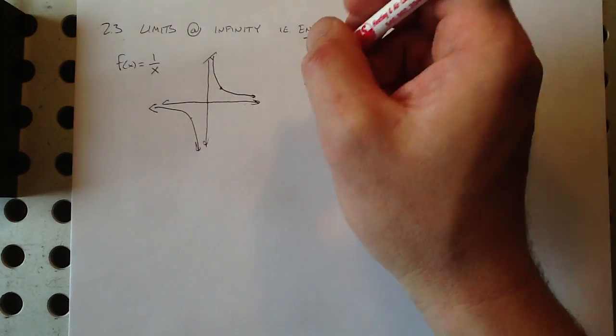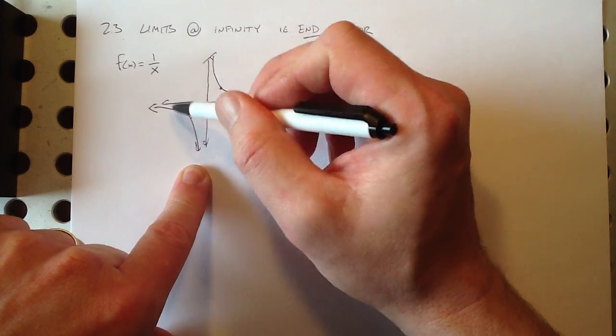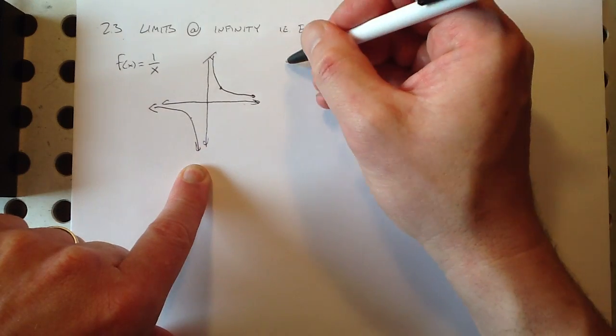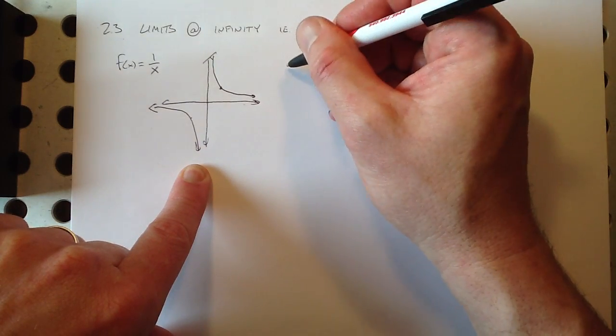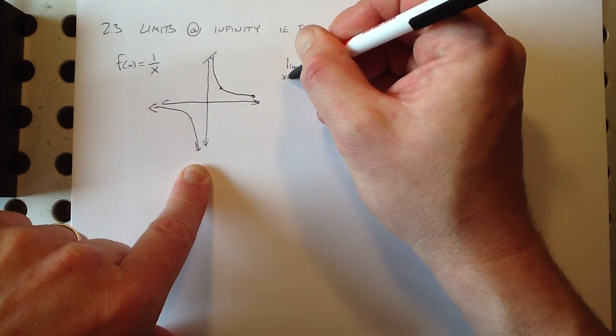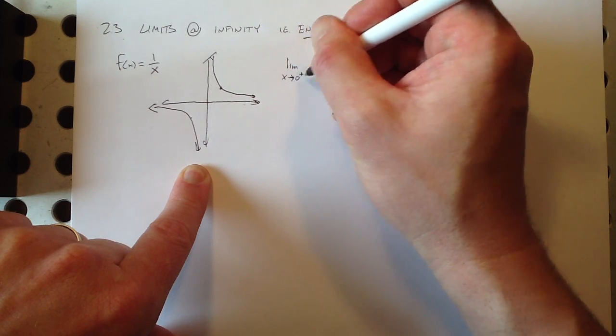So what can we say about this function? What different things can we use the language of limits to describe here? From the last section, we could say the limit as x approaches 0 from the positive side.